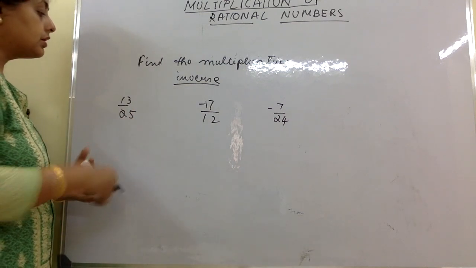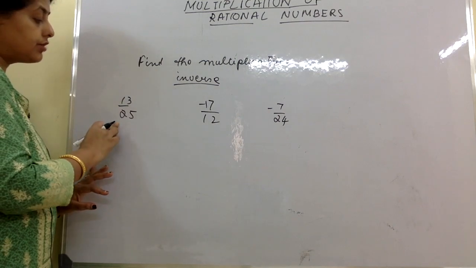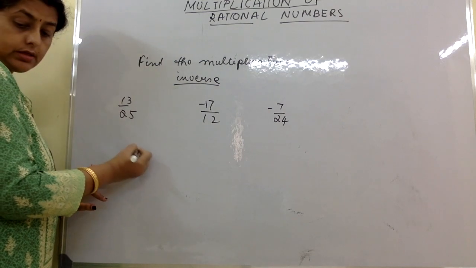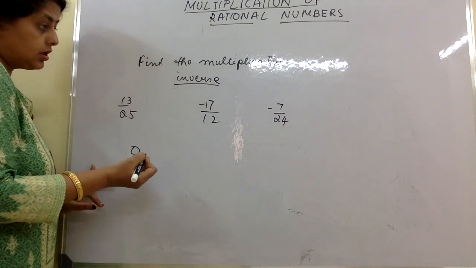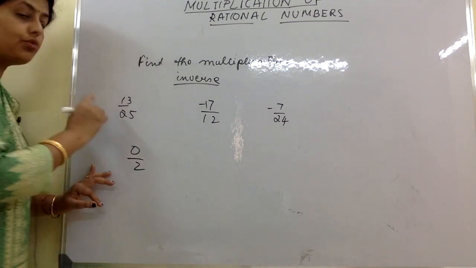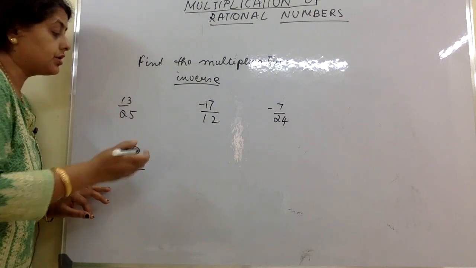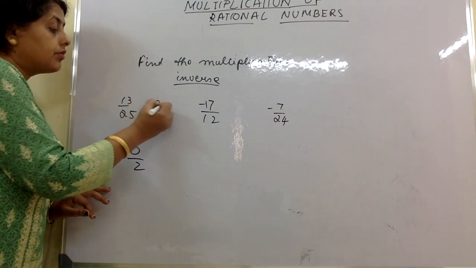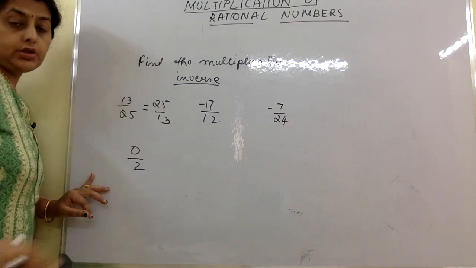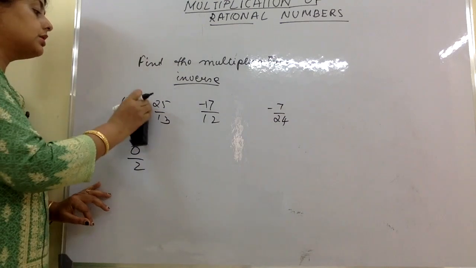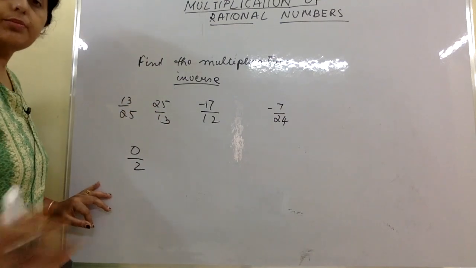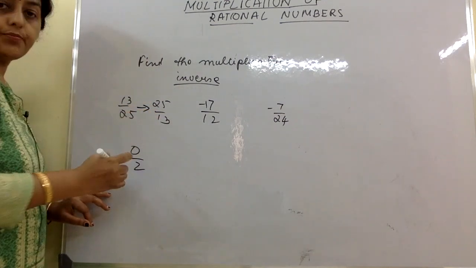Okay, so here 13 by 25, and also I'll write another one, 0 by 2. Okay, so here now what happens? Immediately whenever this question is given, it is written as equal to 25 by 13. No, you should not put an equal to sign, because 13 by 25 is not equal to 25 by 13. Put an arrow.